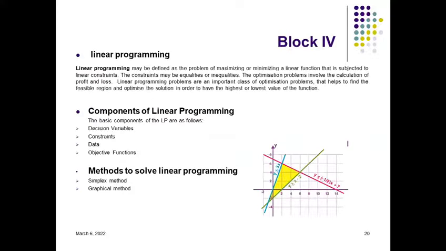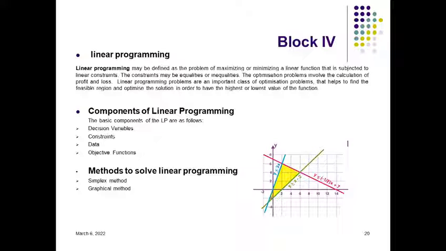Linear programming. Linear programming may be defined as a problem of maximizing or minimizing a linear function that is subject to linear constraints. The constraints may be equalities or inequalities. The optimization problems involve the calculation of profit and loss. Linear programming problems are an important class of optimization problems that help to find the feasible region and optimize the solution in order to have the highest or lowest value of the function.